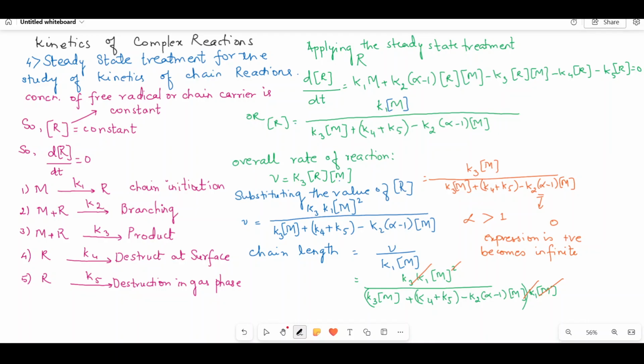But in reality, the rate becomes very large.